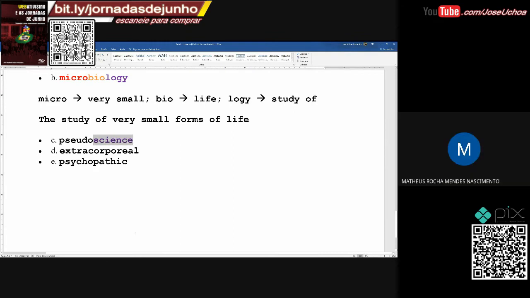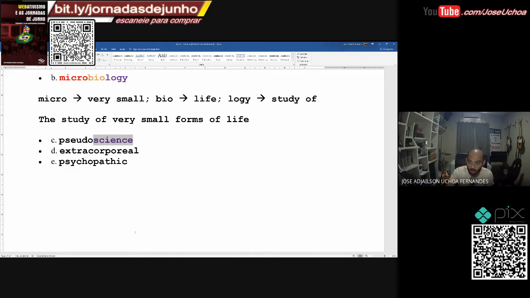What do you think? How do you feel about this? It's the root because we could change pseudo for another thing. I can't think of an example right now, but we could change pseudo for another prefix. For example, pseudopolitics, pseudopod.